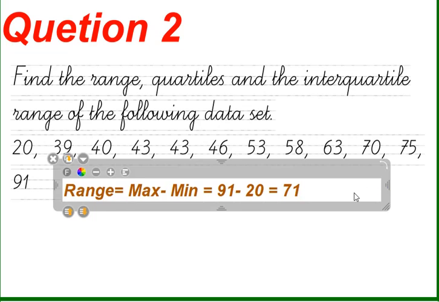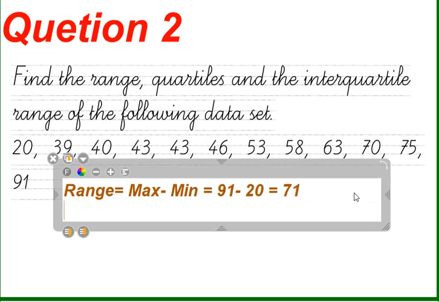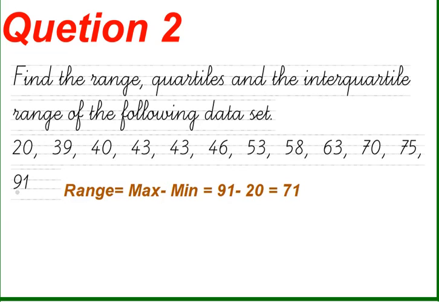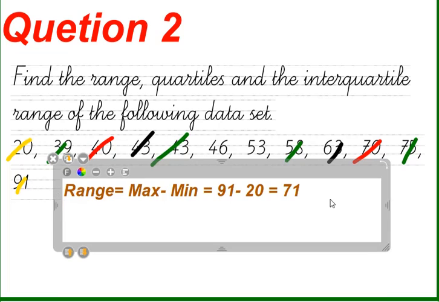So let's move on to getting our quartiles, and the first thing we do is get our median. So let's get our median using the following data. We mark all our individual data points moving in an inward direction, and we can see that the two middle numbers are 46 and 53. So let's get the median for that.